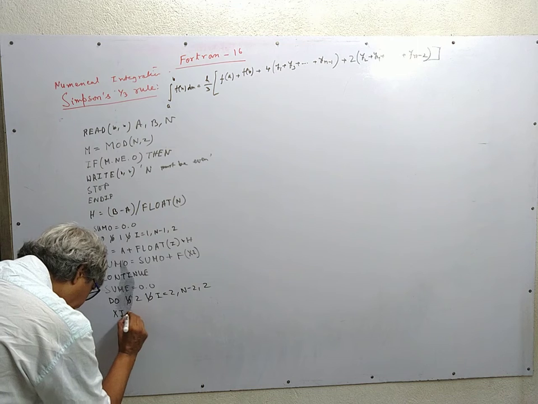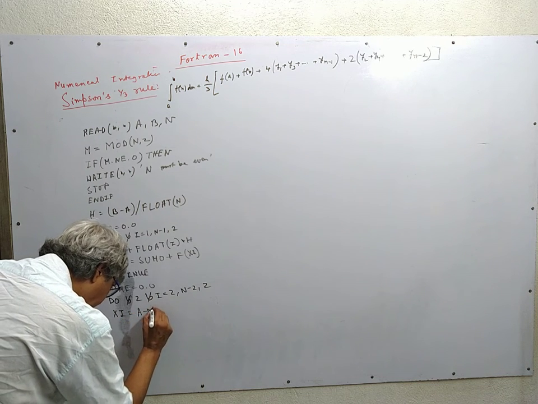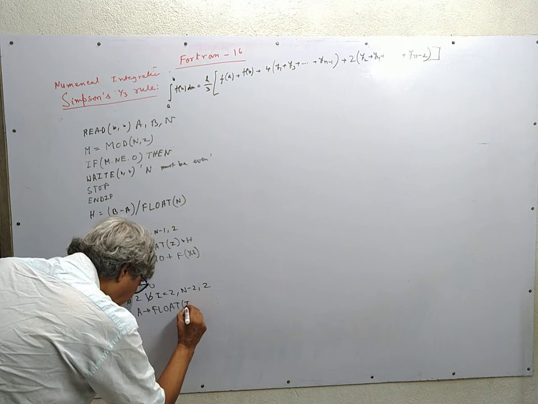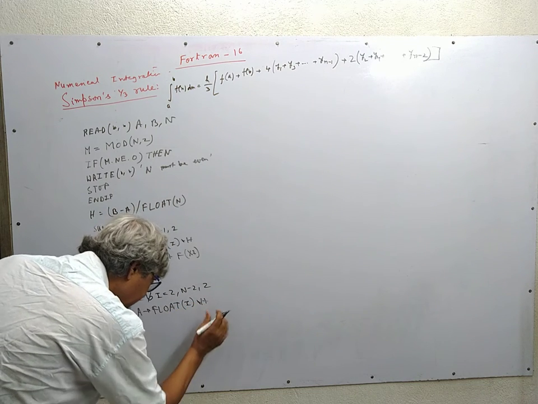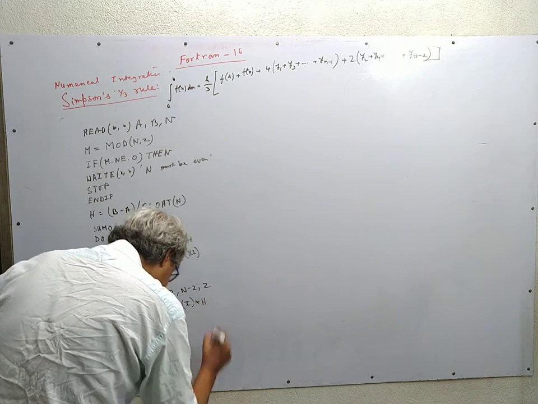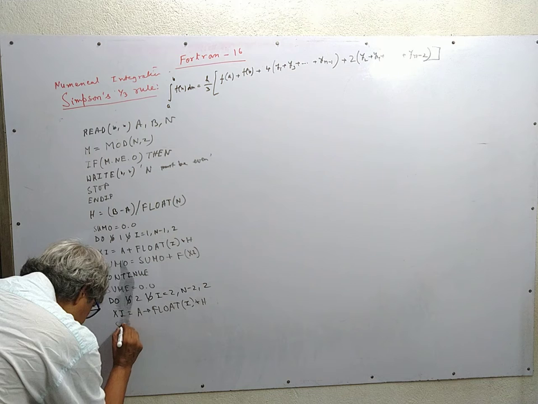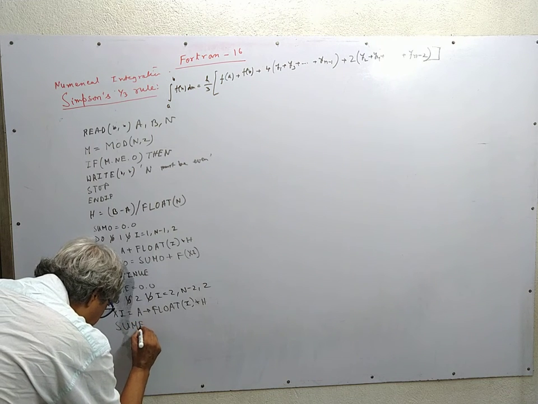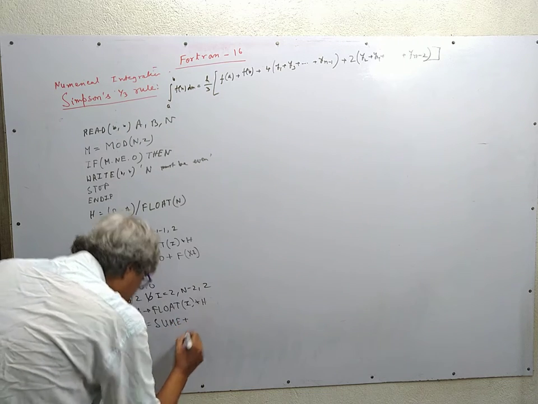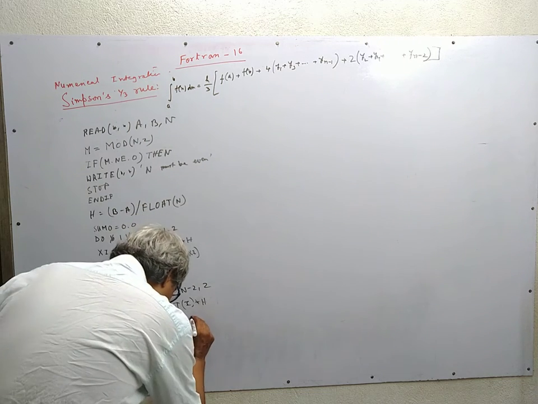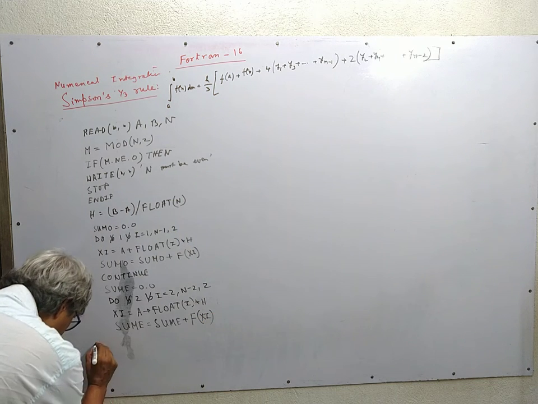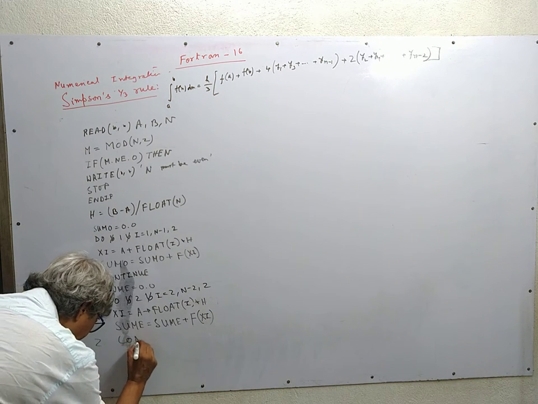Again xi is equal to a plus float I star h. Sum even is equal to sum even plus f of xi. Continue.